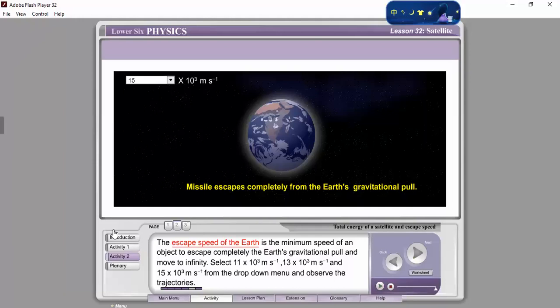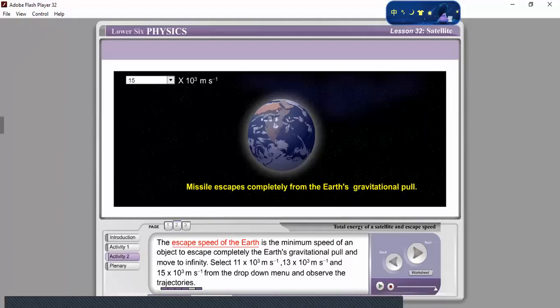So this concept is like that. Let's think about the concept of the escape velocity. In case one, let's say we wish to bring the astronaut from the surface of the Earth to space.